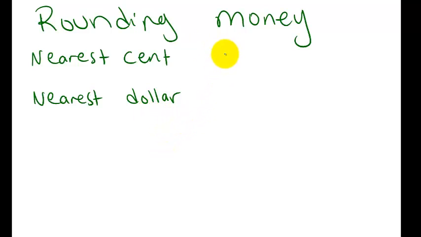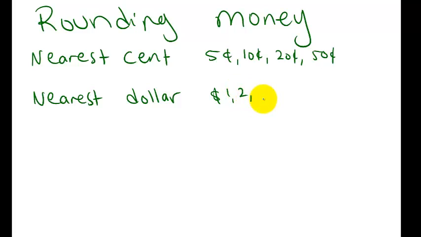In Australia, for cents we've got the 5 cent coin, the 10 cent coin, the 20 cent coin and the 50 cent coin. And for the nearest dollar, we've got the $1, $2, $5, $10, $20, $50, and $100.